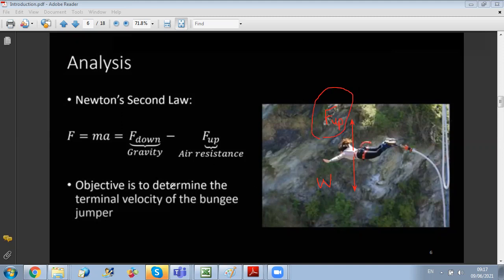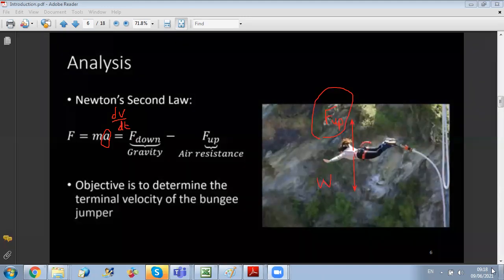So now I will replace in my equation. My objective is to determine the terminal velocity of the bungee jumper at the end of the free fall. Okay, and you know that acceleration is defined as the derivative of velocity with respect to time. So now, if I replace in my equation, I will get the following.